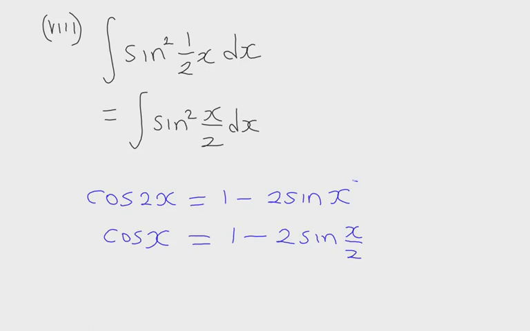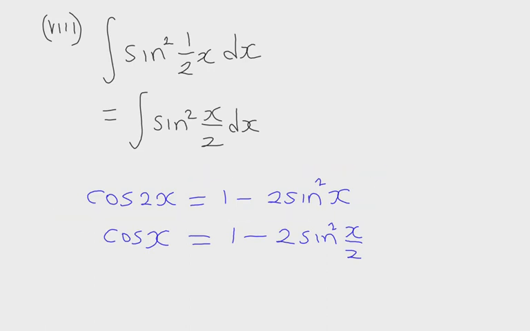What happens? When we have x, we have 2 times x. So when we have half of x, we have 2 times half of x, which is x. Excuse me, there's supposed to be square there. These are trigonometric identities, especially this.